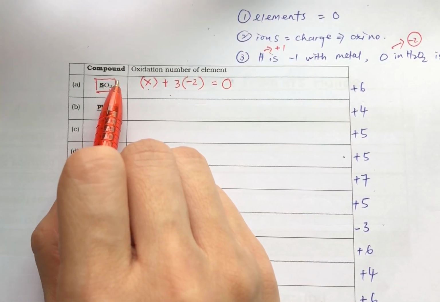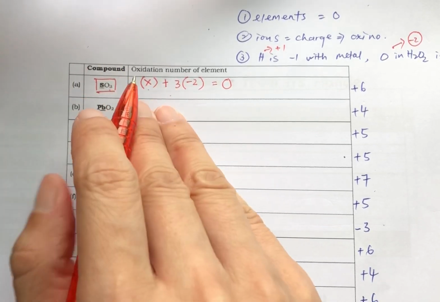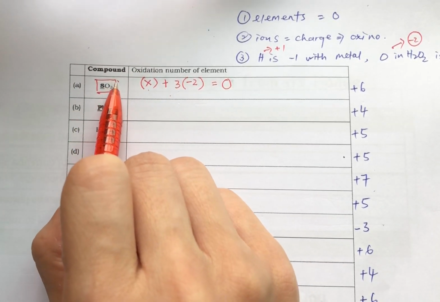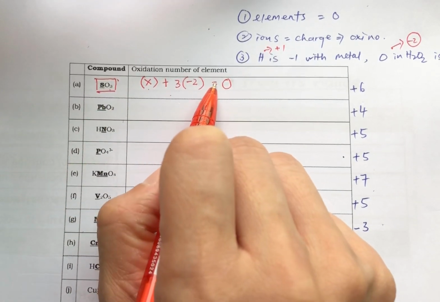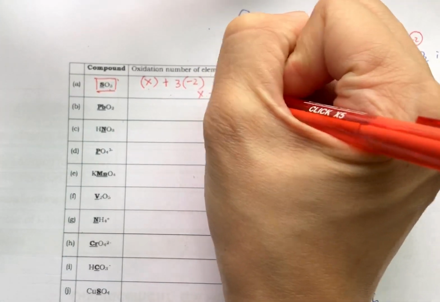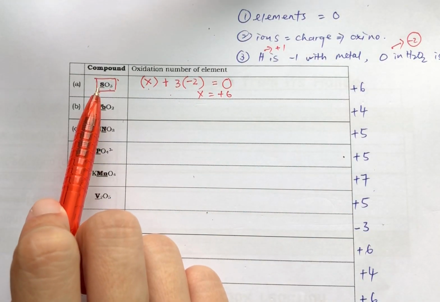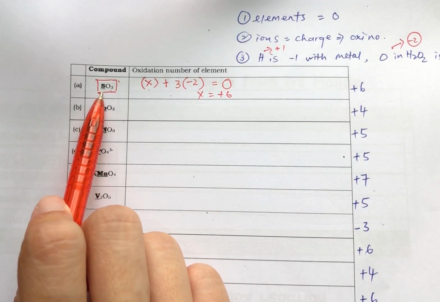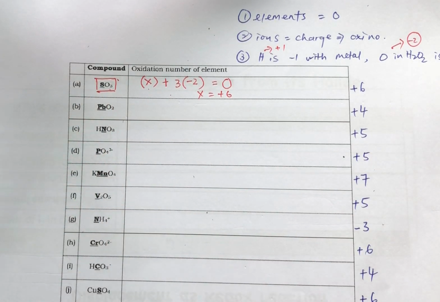I don't see any plus or minus, -1, -2, -3, nothing. If nothing is on top of the formula of the compound, then it equals 0. Now you just solve using simple algebra. Your X will be +6. So the oxidation number of sulfur here is +6. That's how you do it.